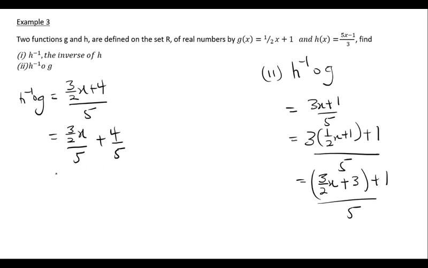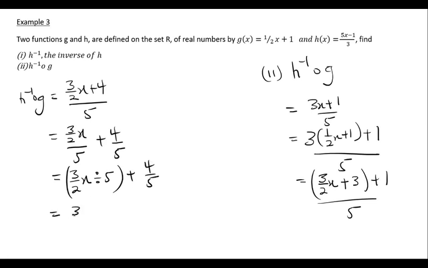So the fraction we have is 3 over 2 x, then the division sign, divided by 5, then plus 4 over 5.